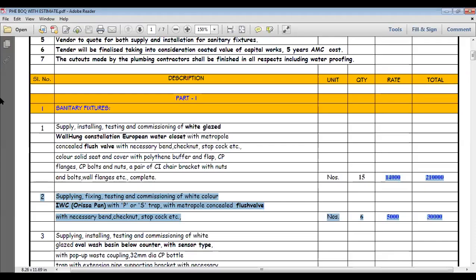Anyway, you have to know the format of the BOQ, how to take the quantity and all. For sanitary, you have to make part 1, part 2, and classify like that.